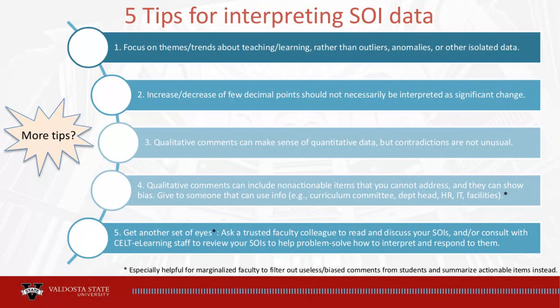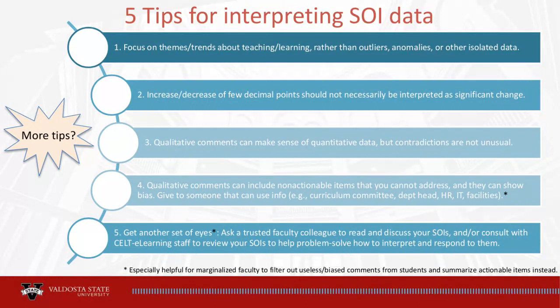Rather than that outlier, that anomaly, or that isolated data. Anyone who's done method research knows this, right? But when you actually read your SOIs, don't you always get emotionally hung up on that one student who's venting or says something really crazy or says something really great? This can be positive too.